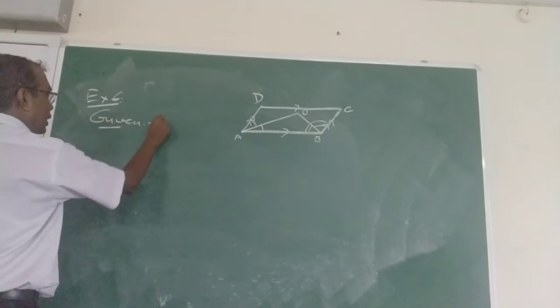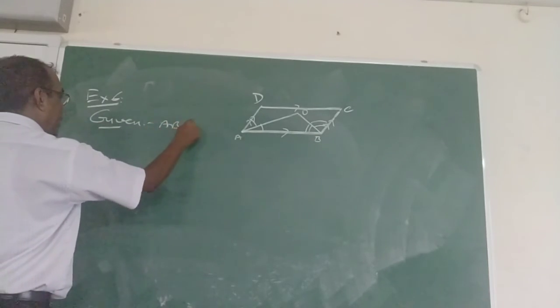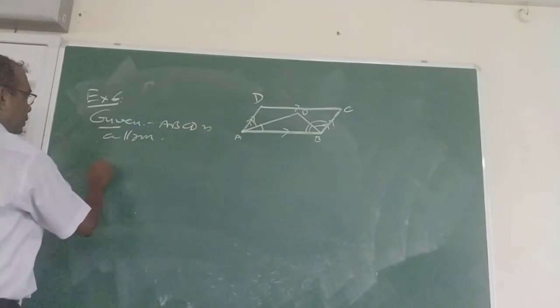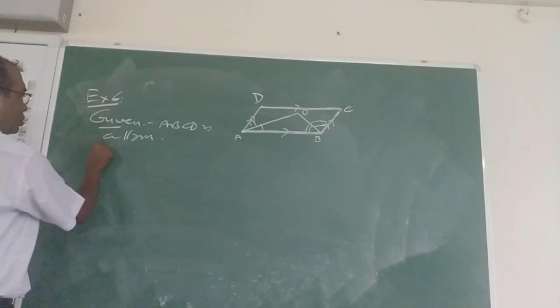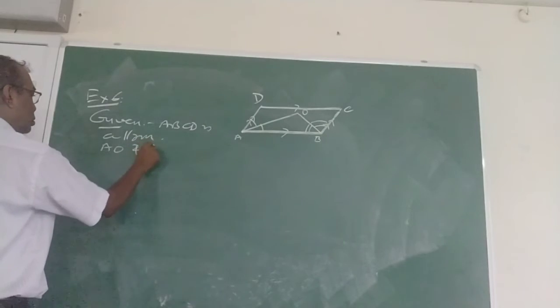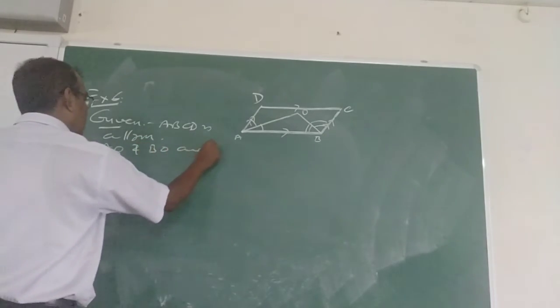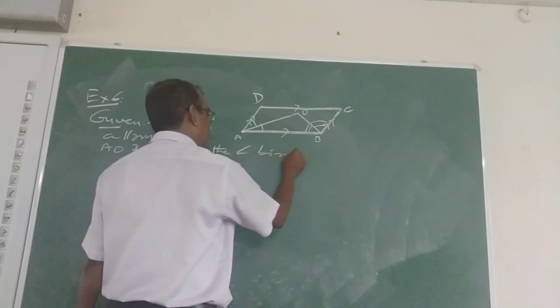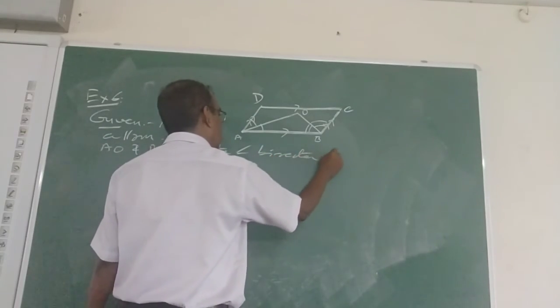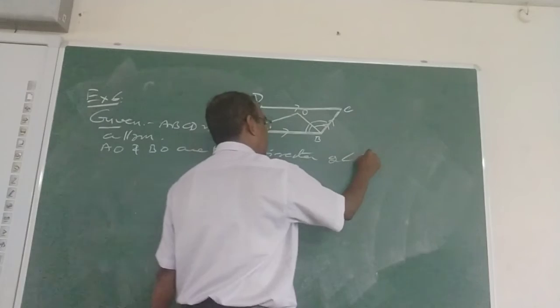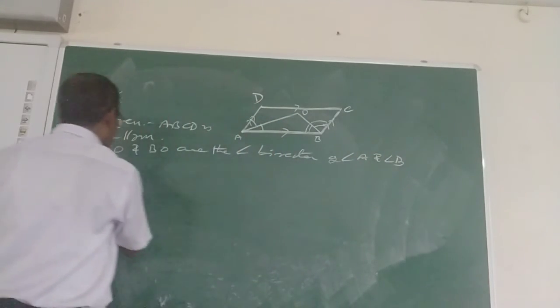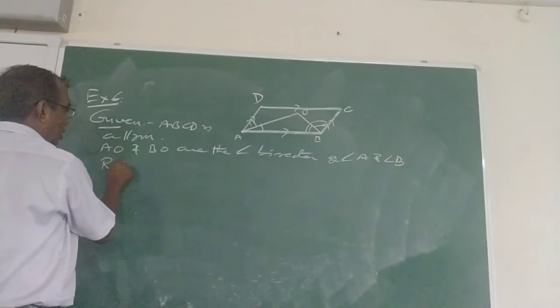Given: ABCD is a parallelogram. AO and BO are the angle bisectors of angle A and angle B. To prove: angle AOB equals 90 degrees.